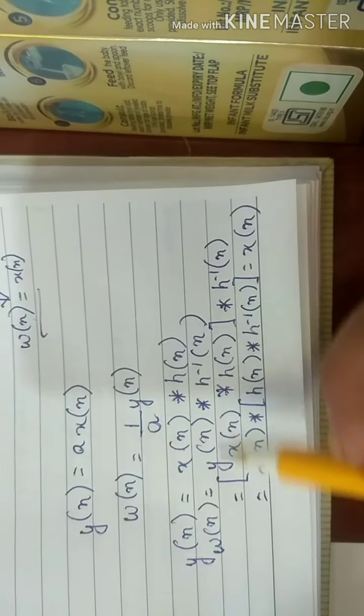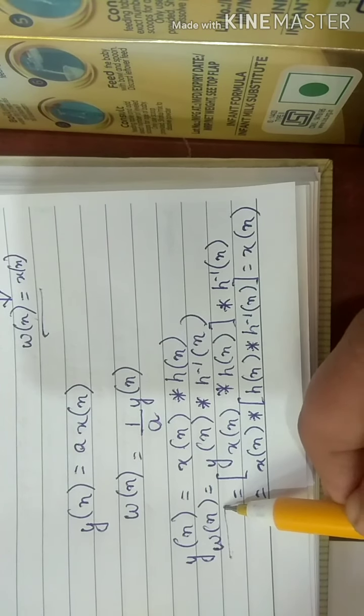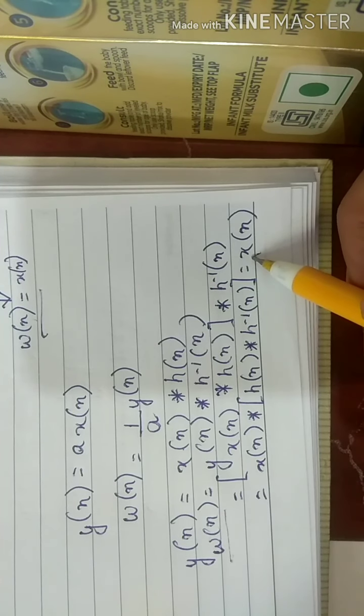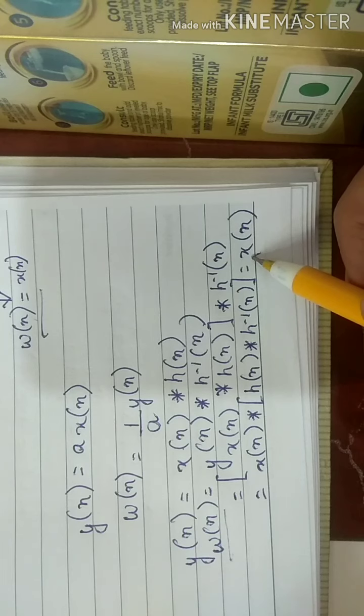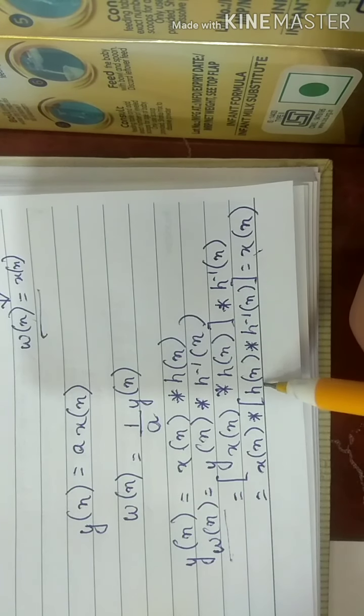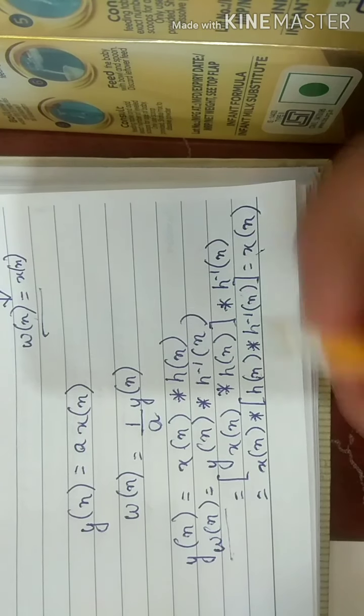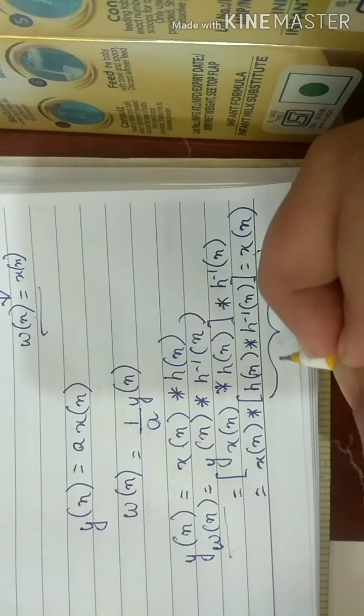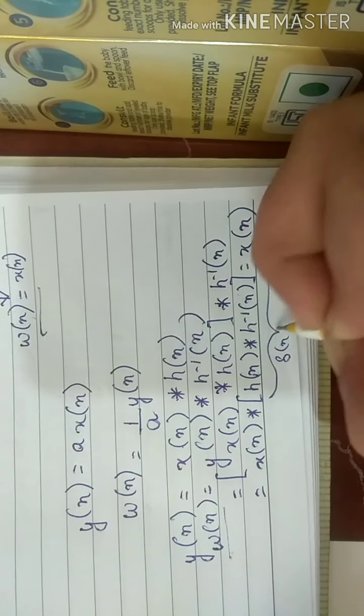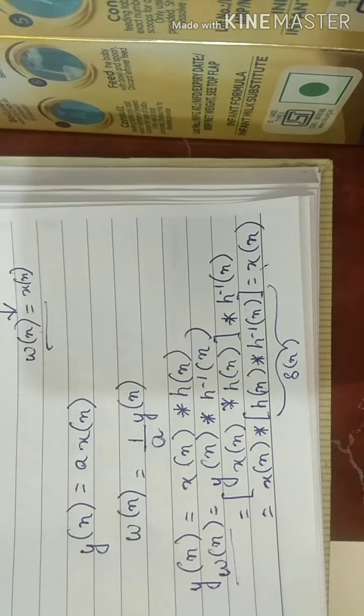Thus we can see that omega[n], which is the final output of the block diagram, is equal to the original input x[n]. Why can we write it? Because the convolution of these two functions h[n] and h inverse[n] is equal to delta[n].